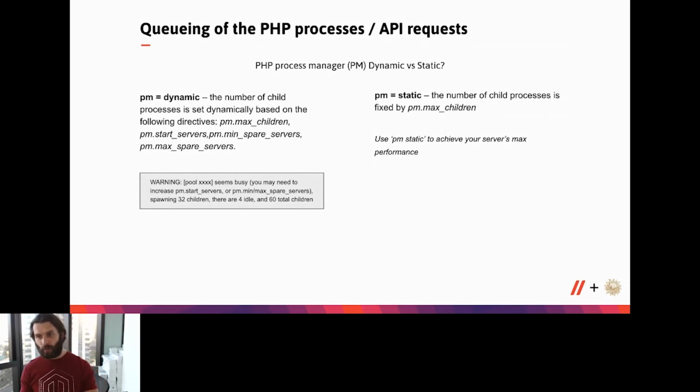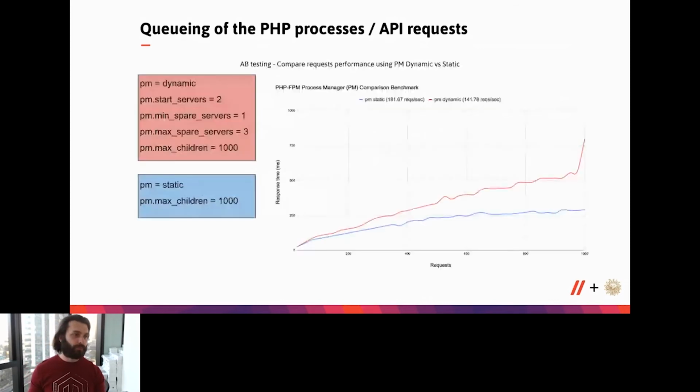Let's see what the difference is between dynamic and static at a large scale of requests. For example, we have a dynamic configuration ready to consume 1,000 requests, and a static configuration also ready to consume 1,000 requests. However, one of the important parts here is how many servers are running at the same time.